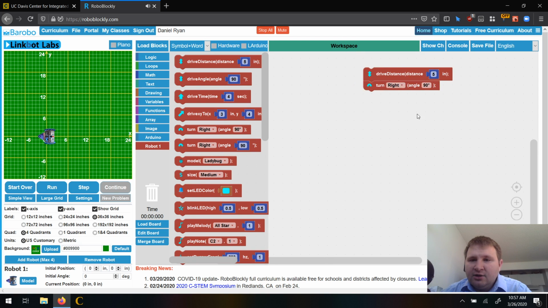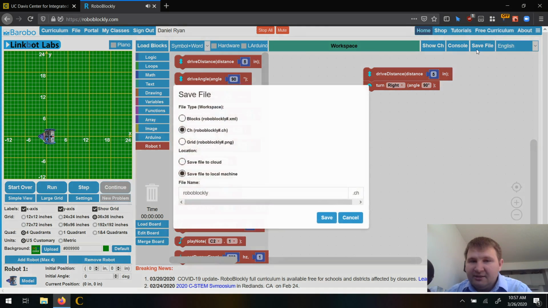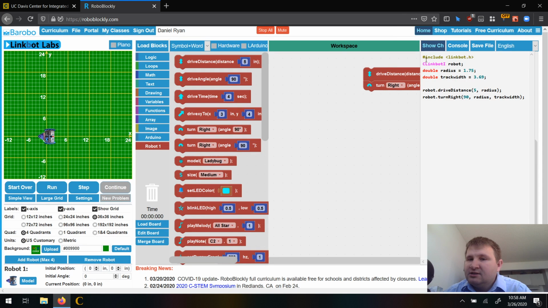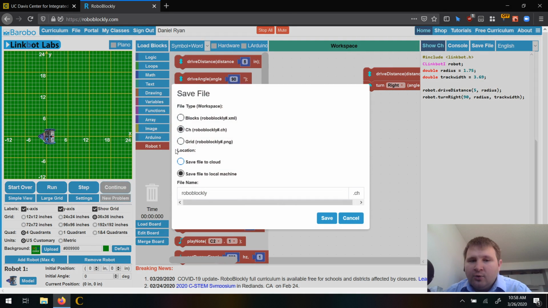I could then click on the Save File button, and as long as I'm logged in, I can choose between saving the blocks, which are these blocks here, saving CH, which is the written code that supports these blocks, or I could save the grid, which is the final picture that we see here, and then I can either save that to my computer locally, or I can save it into the cloud.